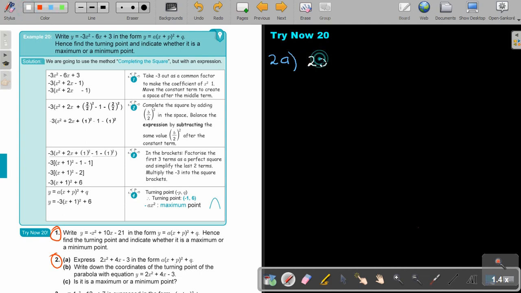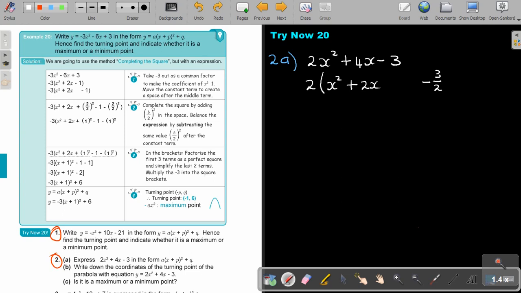Okay, so 2x squared plus 4x minus 3. Remember, there must be a 1. If there's not a 1, take out a common factor. If I divide, I get 2x. If I divide, I get a fraction. Okay, I can write it already, the space, minus 3 over 2.